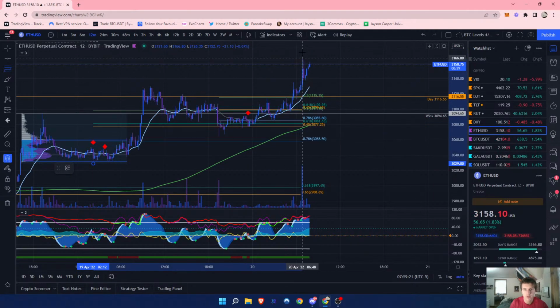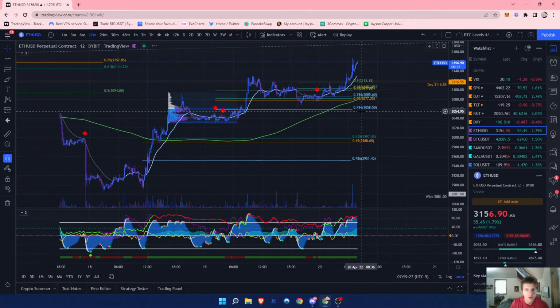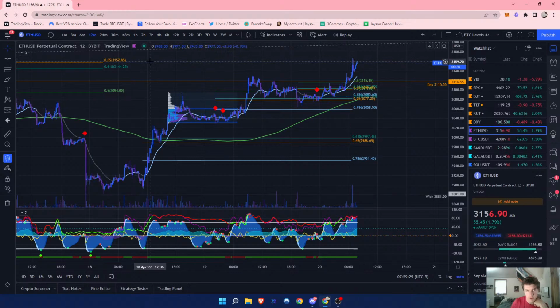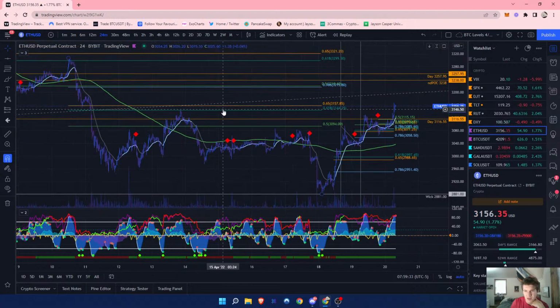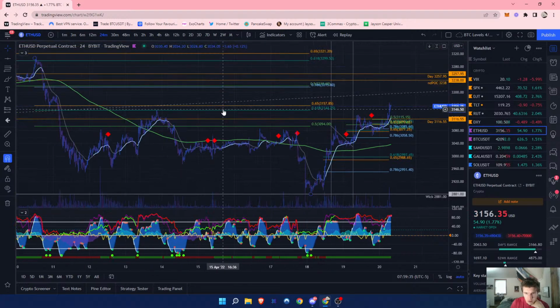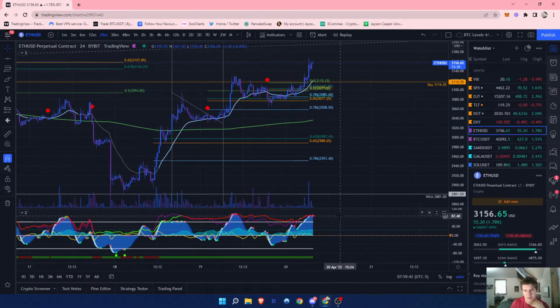Fib from right here. Alright. And then we can delete this wick. Right now we are at a golden pocket of resistance, looks like. Possible short on the 24-minute.